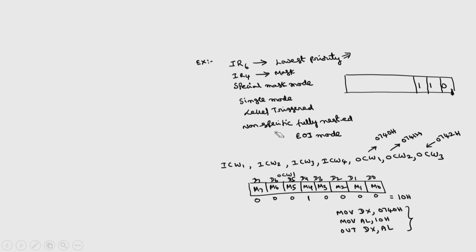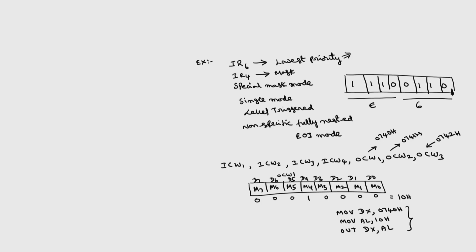So the remaining 3 bits will be 0, 1, 1, 0, and this is 1. So what will be the control word? This is E6.